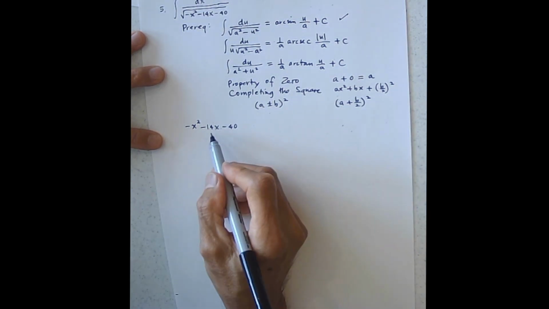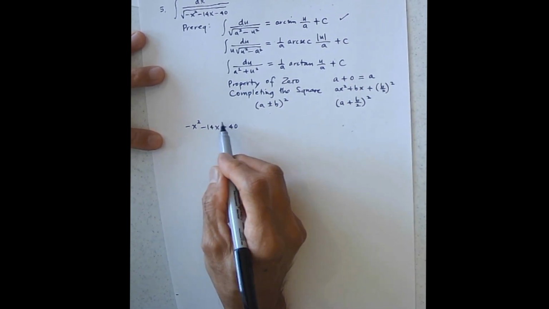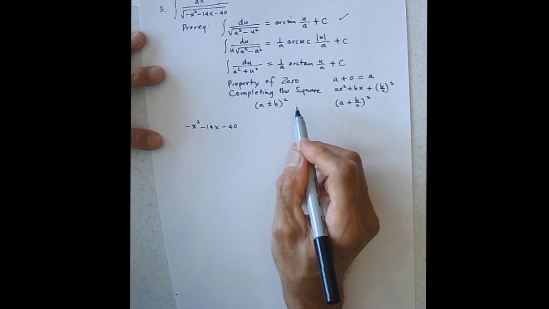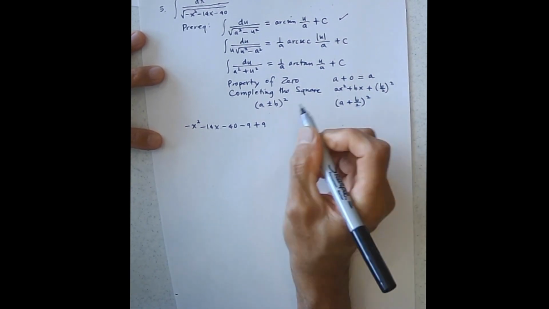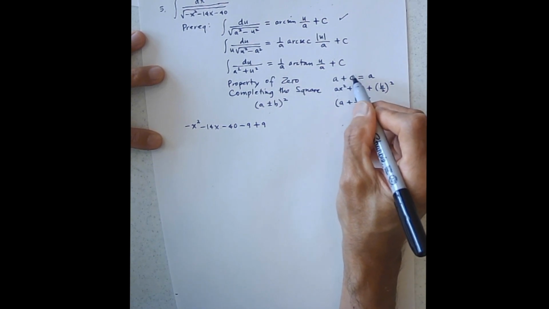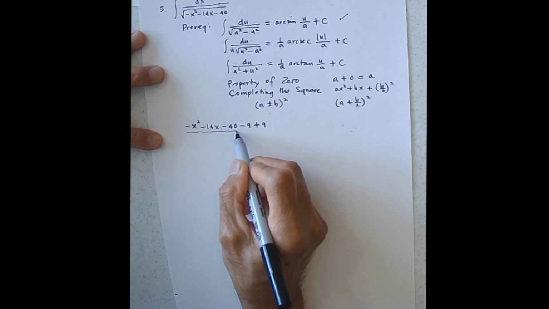I noticed that if I add a 9 and subtract a 9, I'll be able to transform this into a perfect square. If I subtract a 9 and add a 9, I'm literally adding 0, so I'm not changing the value of this original trinomial.